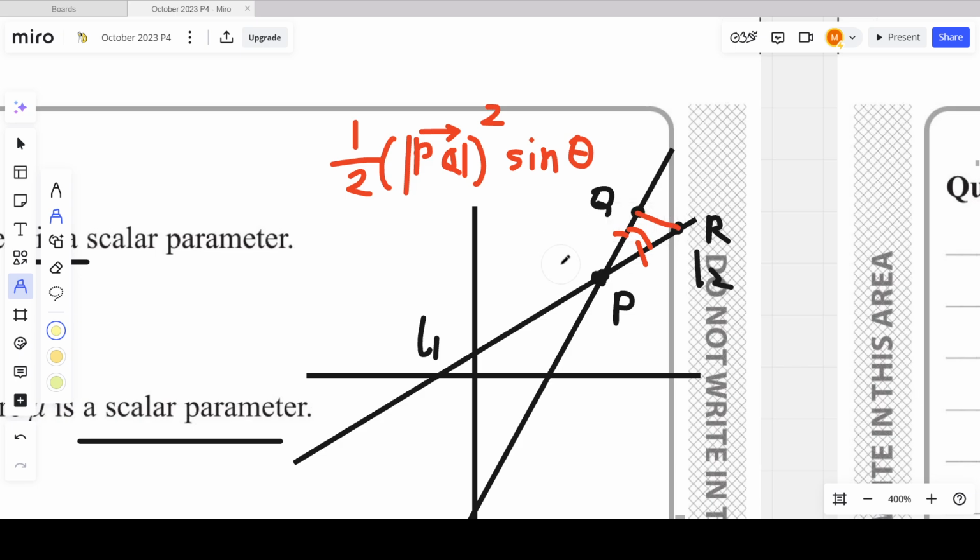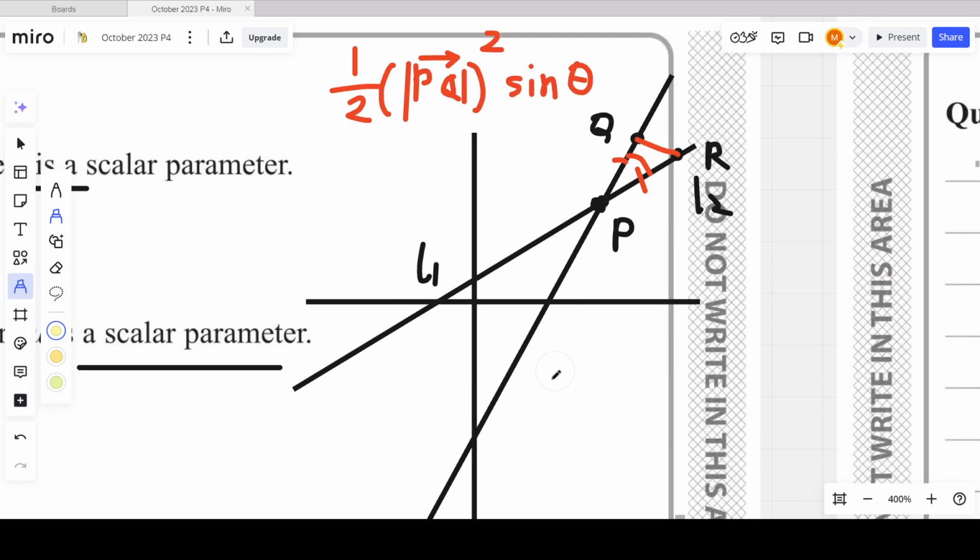This is line L1, okay, this was line L2. Okay, there's a problem. It should be line L2, and this is line L1. So this is line L2, and line L1 is this one where Q lies. Okay, this is just a sketch, not an important thing.